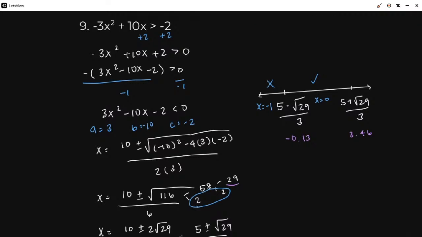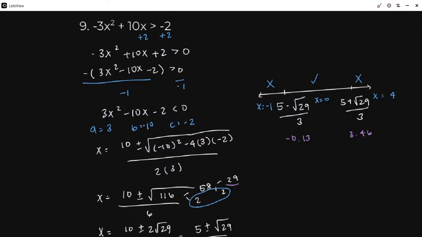And then for the last section, I will plug in x equals 4. So that'll be negative 3 times 16 plus 10 times 4. So that would be negative 48 plus 40 is greater than or equal to 0, which is not true, so it doesn't work there.